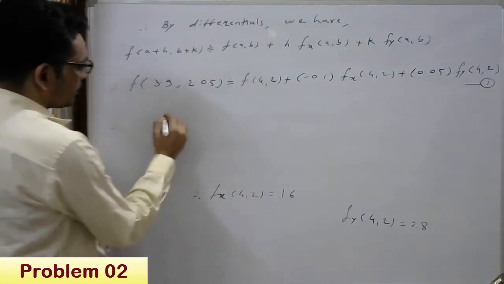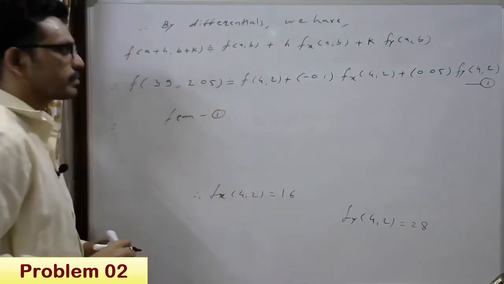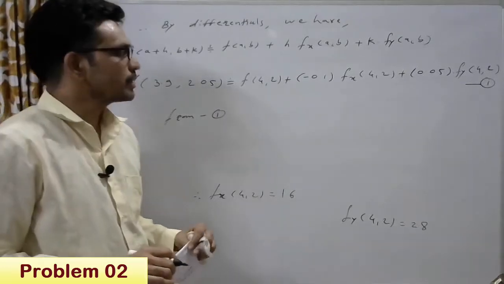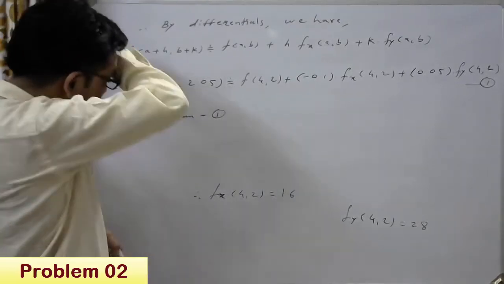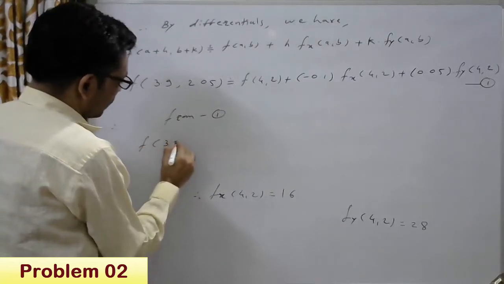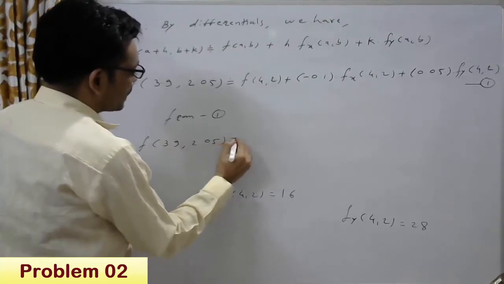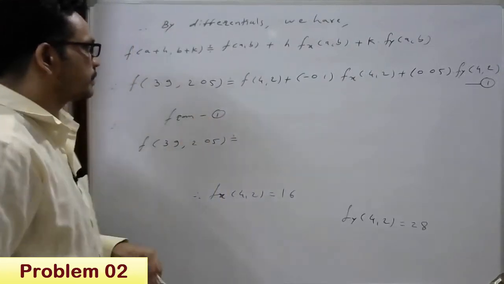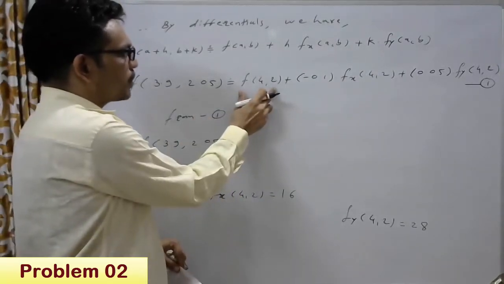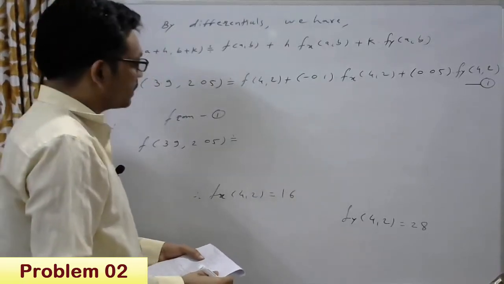Therefore, from equation 1, we write f(3.9, 2.05) is approximately equal to the value of f(a, b), with a equal to 4 and b equal to 2.